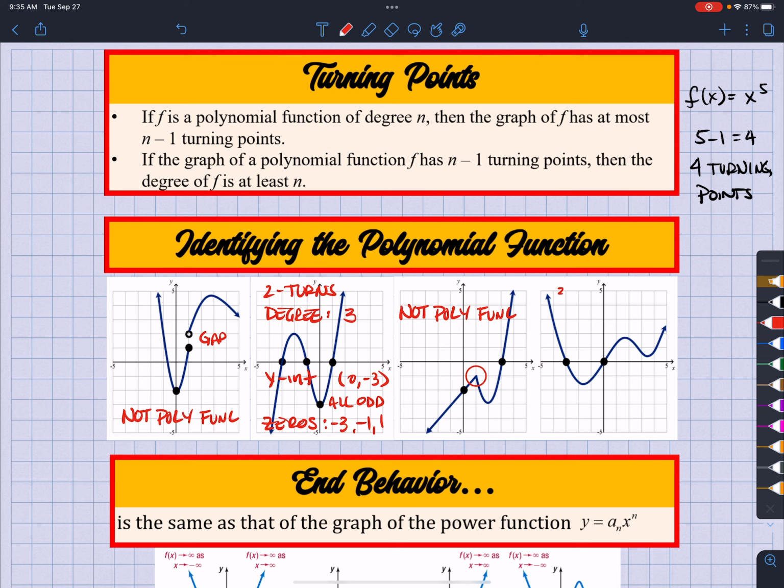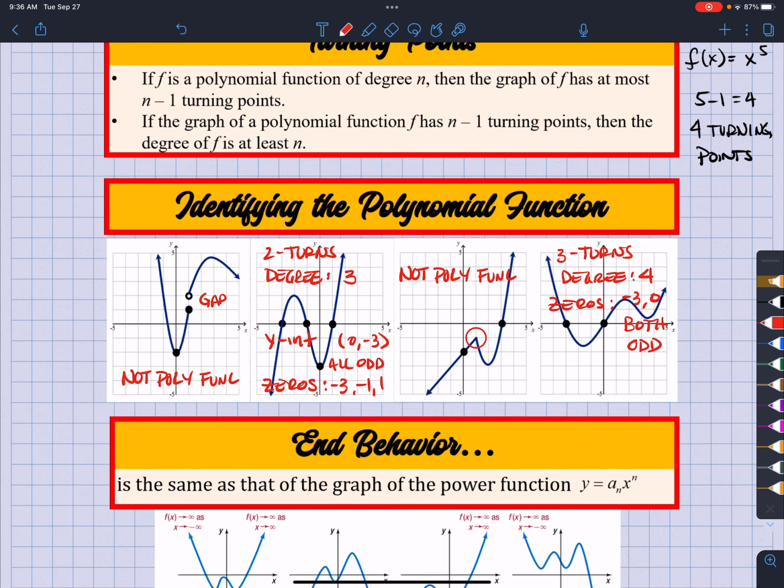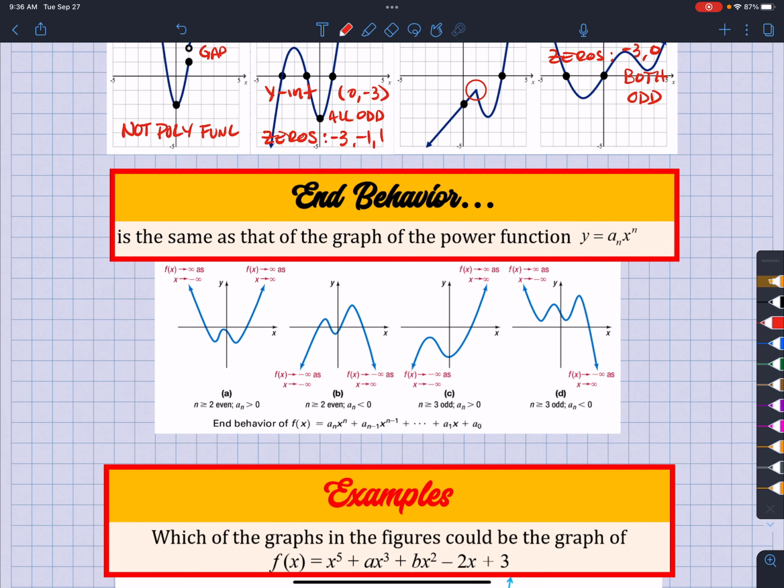So 3 turns means this is going to have a degree of 4. I see that my zeros are at -3 and 0, and they're both odd because they both go through it. Nothing bounces off. Now this is talking about the end behavior, as I was showing you guys here.